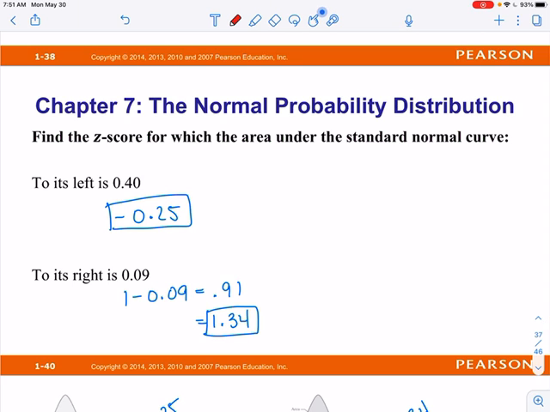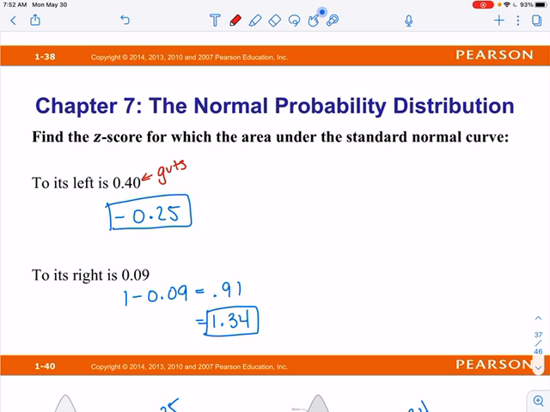Again, I pre-slugged these. You want to find the z-score for which the area under the standard normal curve is, in this case, to the left of 0.40. So again, this is when you're looking up in the guts of the chart. You want to get as close to 0.4 as possible, and then you want to find the z-score that relates to that. For the next one, for the right, remember the table only tells you to the left.